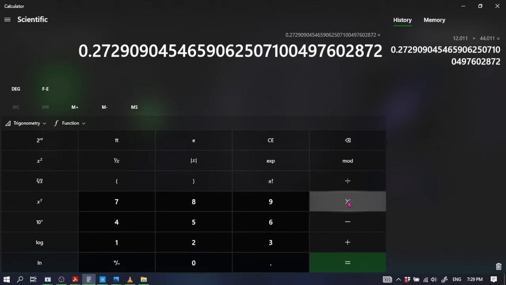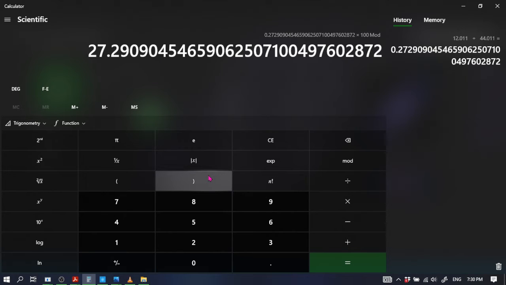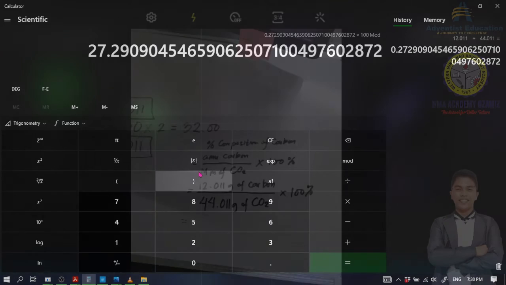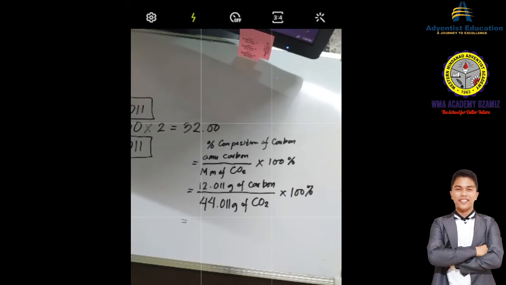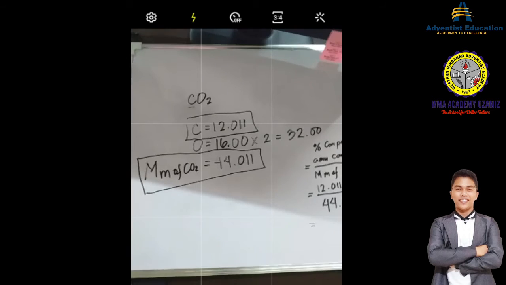Then you are going to multiply that by 100 to get the percent. I'm not sure if this is correct, so let's try to use the calculator in our phone.